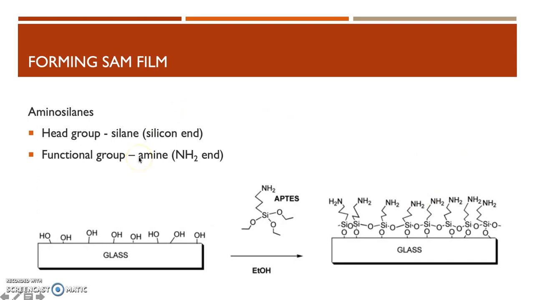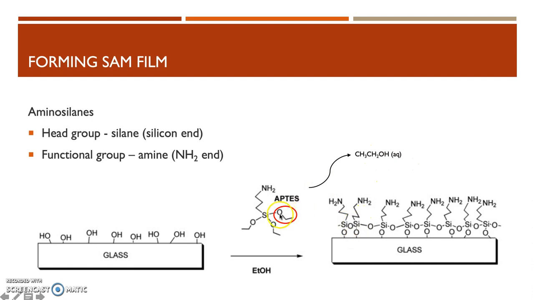When we form the SAM film, this is not quite the same molecule, but it's very similar. We have that aminosilane. The silicon is what's going to bind to the oxygen that's on the surface, and this chain, the oxygen and ethyl group, or methyl group, is going to leave and form that aqueous methanol.